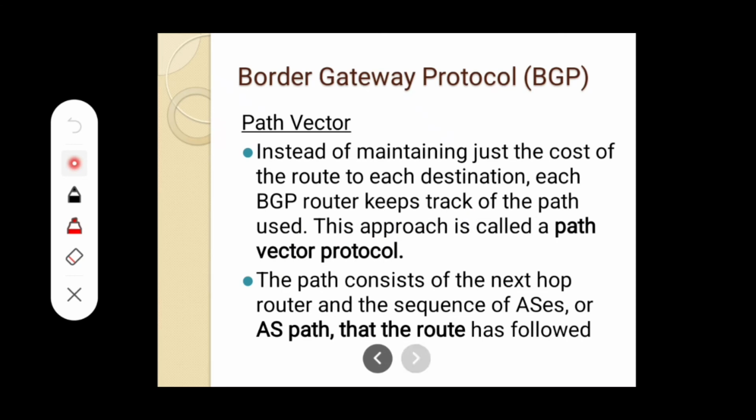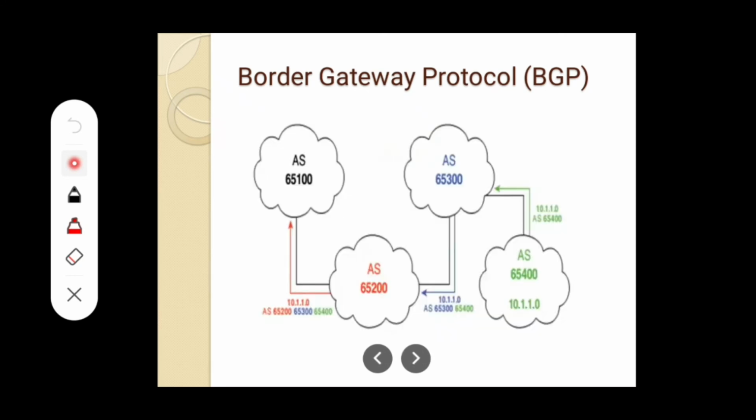It will be more clear by looking at this figure. This is an autonomous system. It will have many networks, a combination of routers and networks. This is another AS, this is another AS, and this is another AS. Here a packet is being transmitted from this autonomous system to this autonomous system.